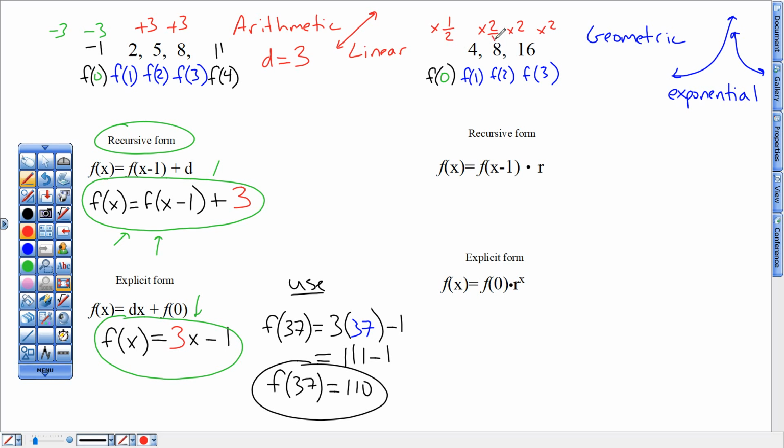If I take this 4 right here and times it by 1/2, by definition straight across, that gives me 4 over 2, which is just the value 2.